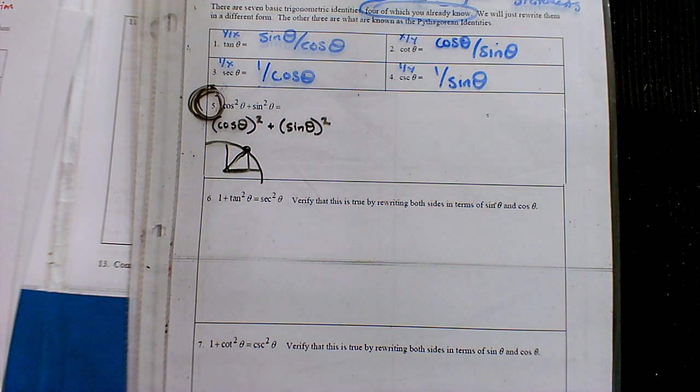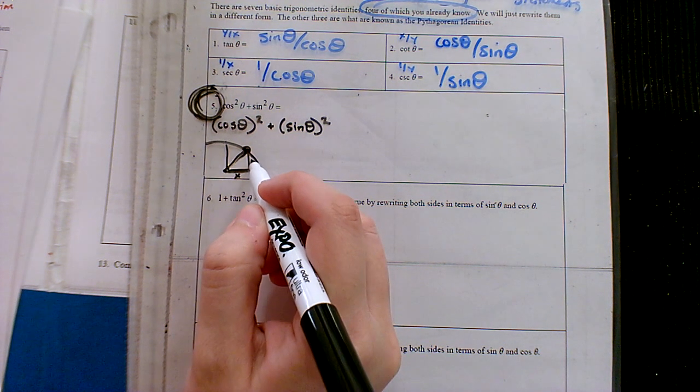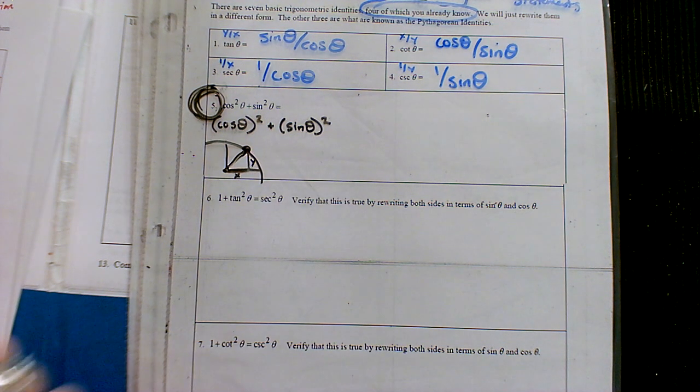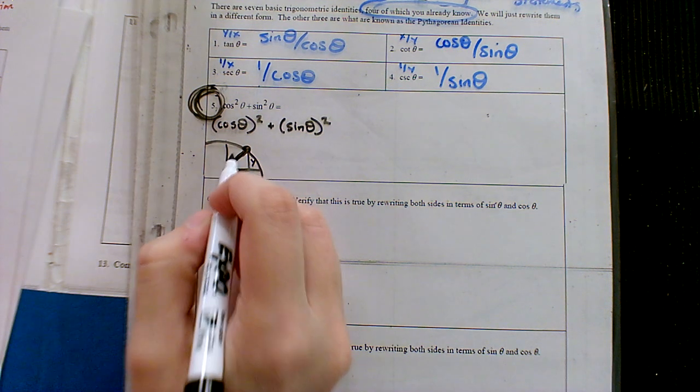Okay, it's been a while. But notice how if we put an x down here and a y right there, because we have an x distance and a y distance to get to that point, what's the hypotenuse if we're talking about the unit circle? 1, okay.